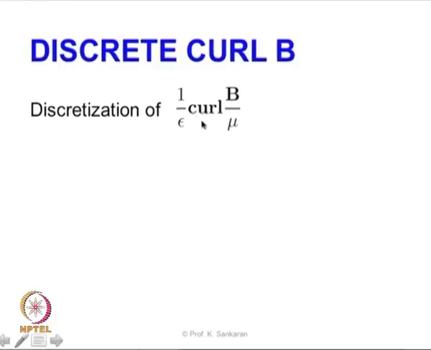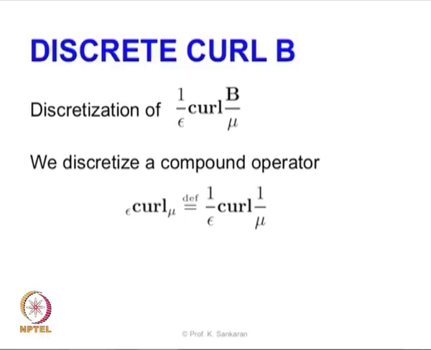So the 1 by epsilon and the permeability will be part of the discretization itself. So we can discretize the compound operator. We call it compound operator because the permittivity and permeability, the material parameters, are going to be an integral part of the curl operator itself, and we define it in this way.